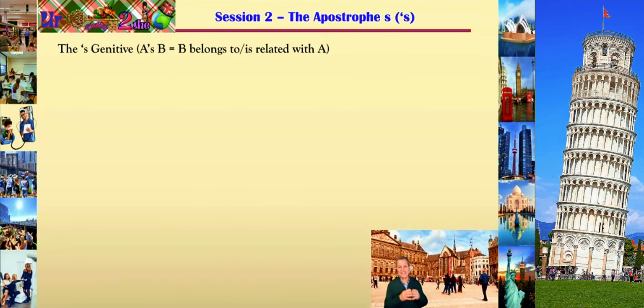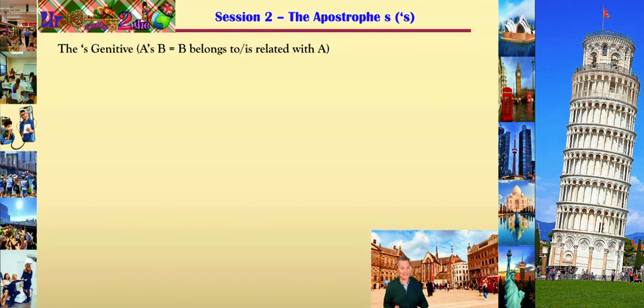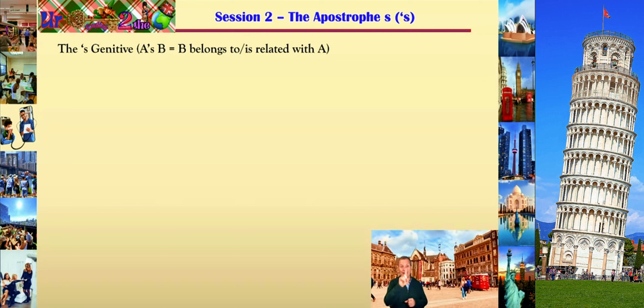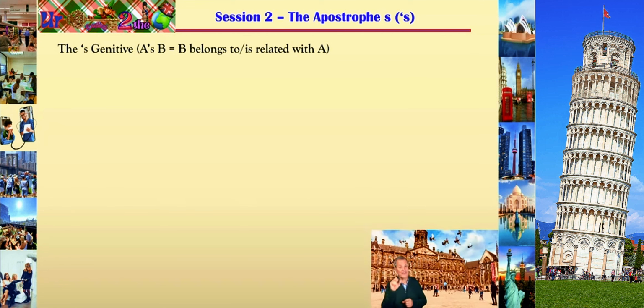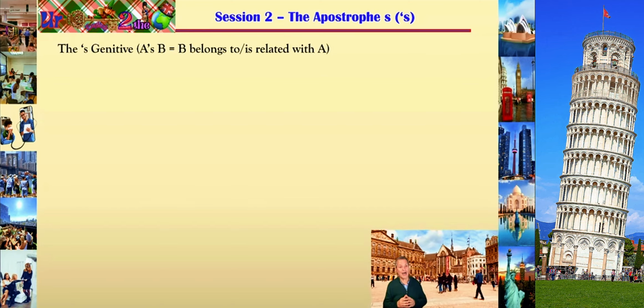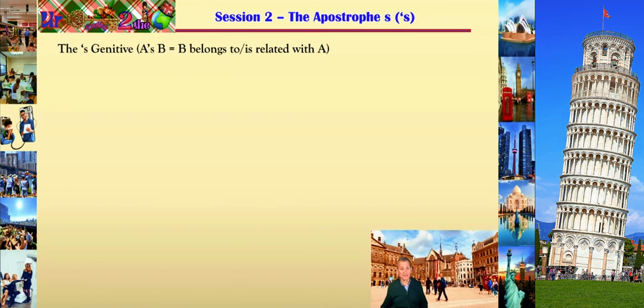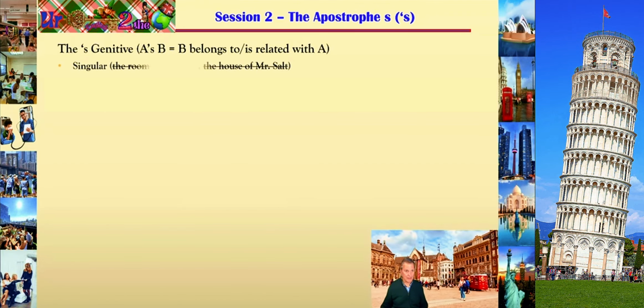And A is the person who owns, who has something, right? So when you write A apostrophe S and then something else, you mean that that something belongs to A, right? So let's see some examples so that you understand it better.